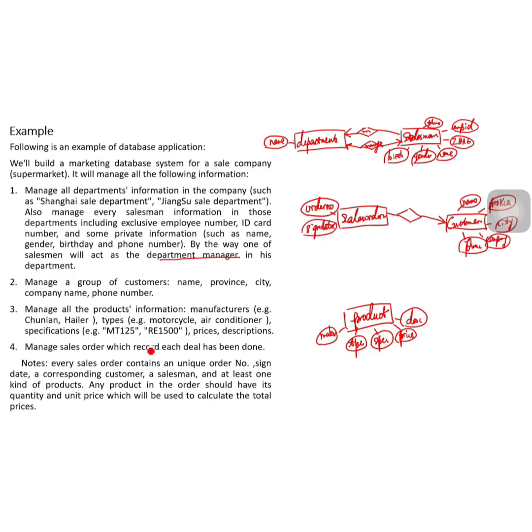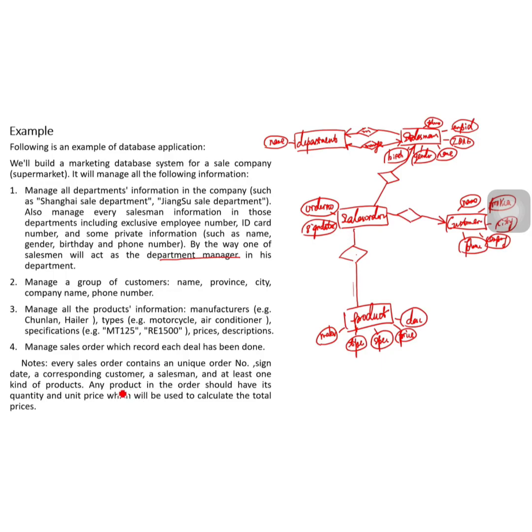Okay, now a salesman. There is a relationship between sales order and salesman. One salesman, so this is 1. A sales order has a salesman, and at least one kind of product, so this is a many relationship.